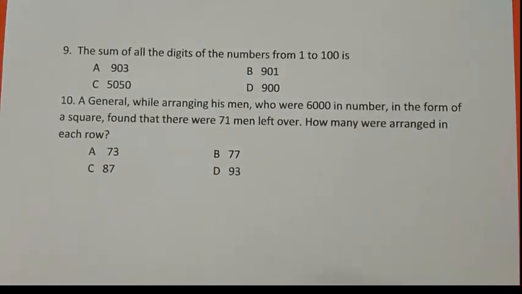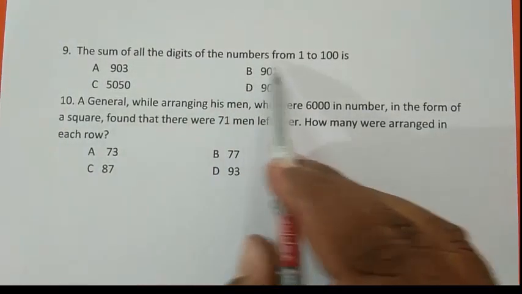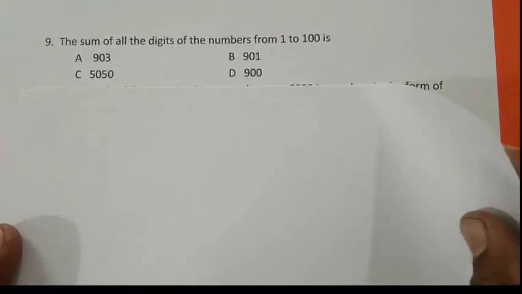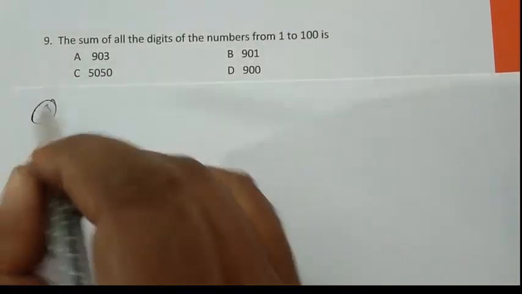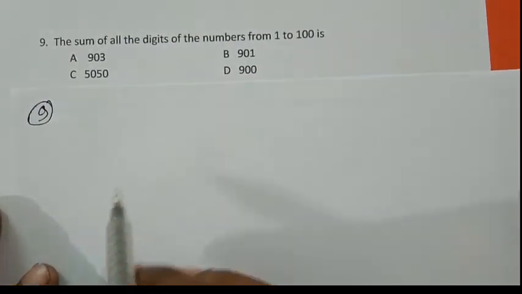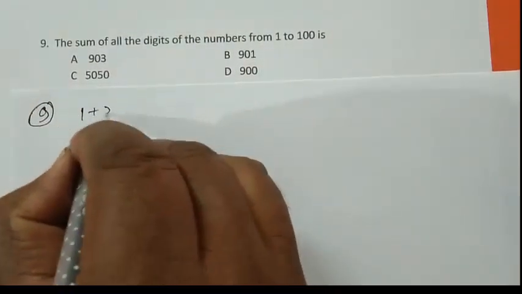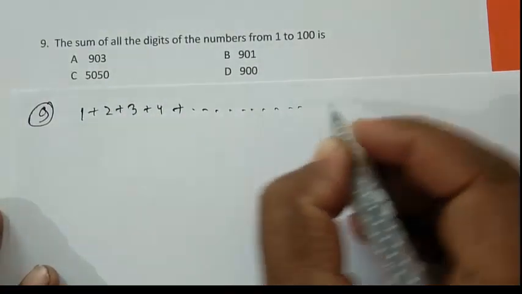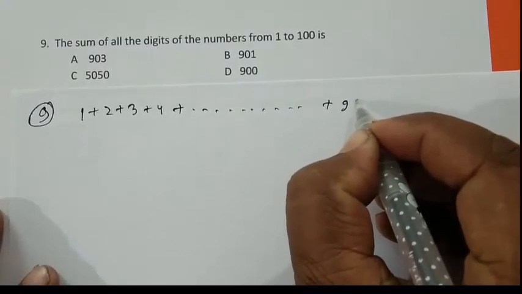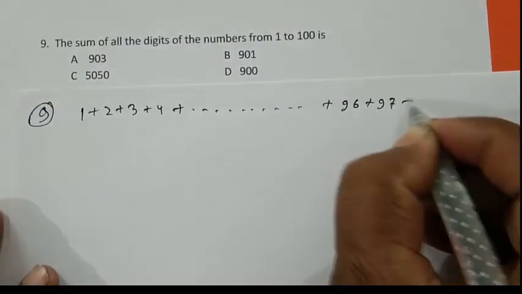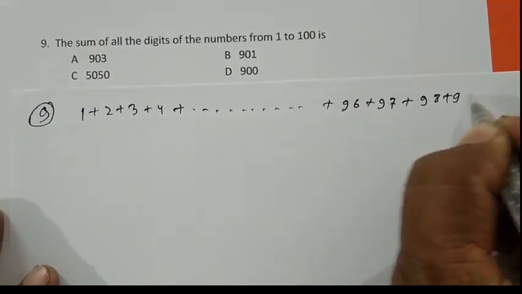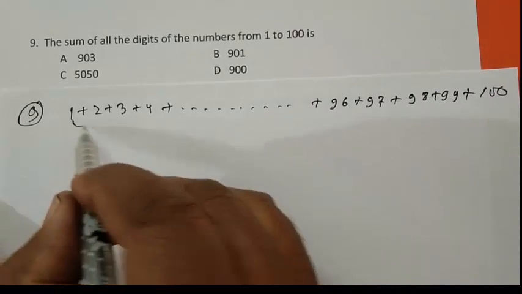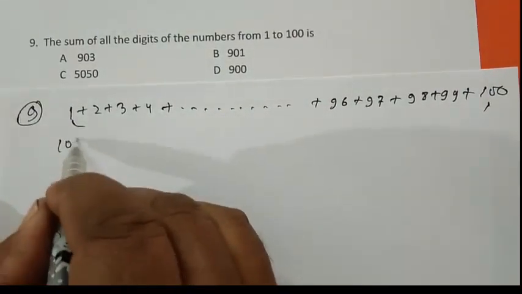Question number 9. The sum of all digits of the numbers from 1 to 100 is. So we have to calculate the sum of 1 to 100. So 1 plus 2 plus 3 plus 4 plus, and so on, 96 plus 97 plus 98 plus 99 plus 100. If we add first and last, we get 101.